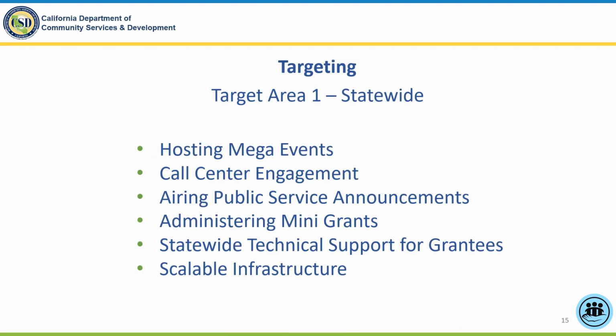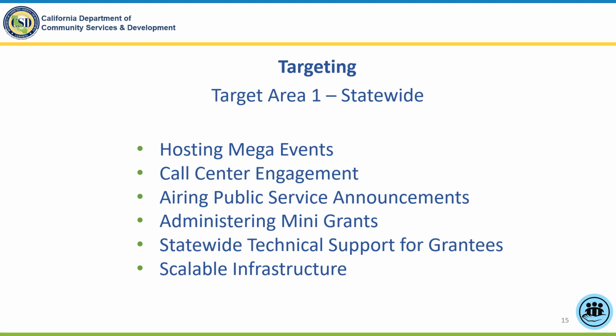Target Area 1, statewide grantees, will serve eligible residents across the state. The statewide grantees will provide coverage to the broadest audience, reaching the largest number of eligible Californians through a variety of outreach strategies.